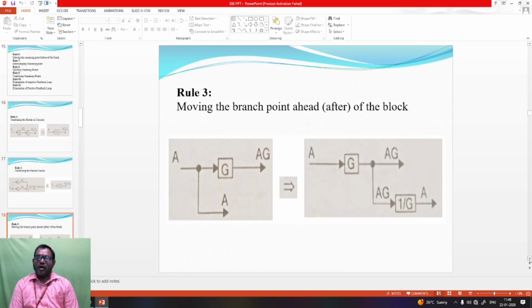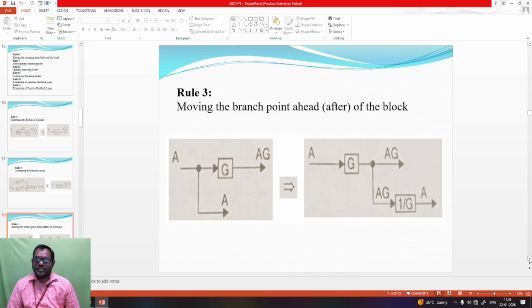That is, moving the branching point after the block. We know that A is the input and G is the block of the system, and before the G we have a summing point. We need to shift the branching point to after the block.